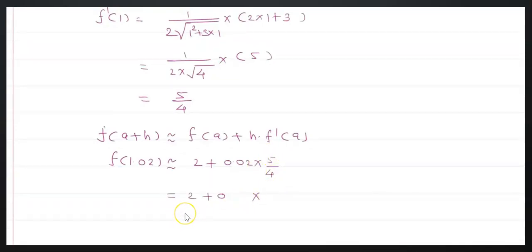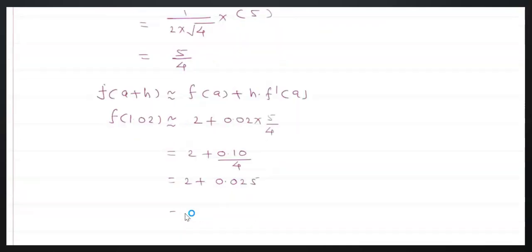That is equal to 2 plus 0.10 divided by 4, that is 0.025.